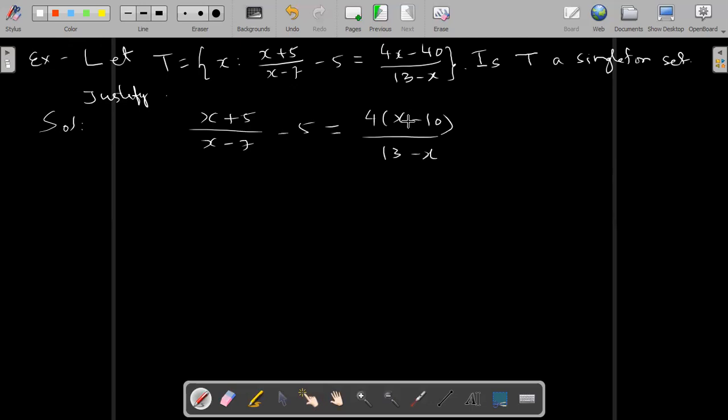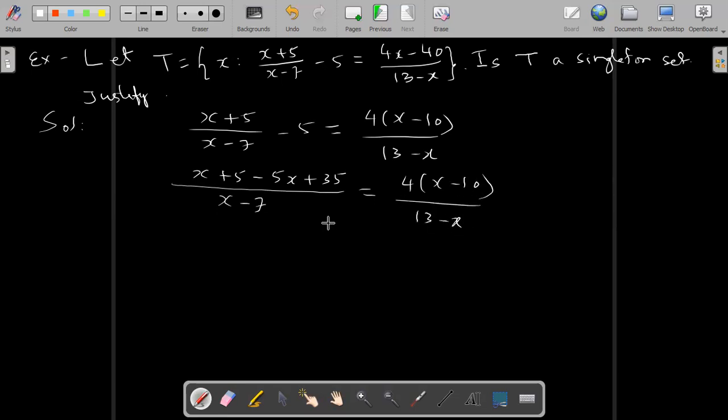Then we can take the LCM. On the left side, the LCM is x minus 7. So this will become x plus 5, and minus will multiply with minus 5x, and minus and minus is plus, 5 times 7 is 35, is equal to 4 times (x minus 10) divided by (13 minus x).